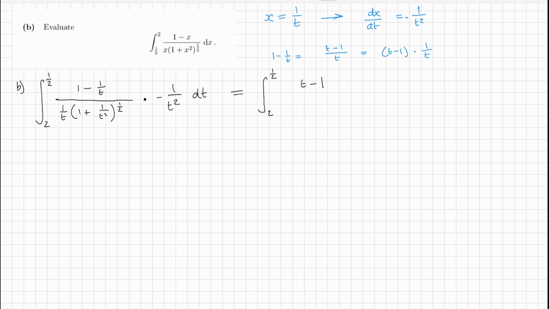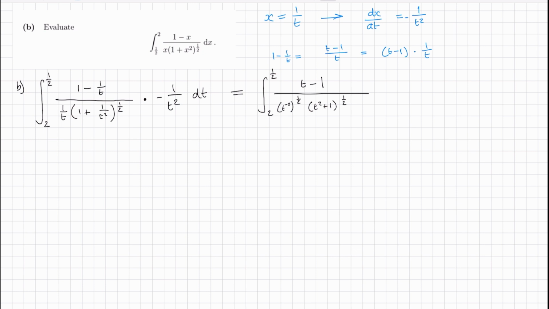And using the same logic as we've been using all the way through, we have a t squared plus 1 to the power of a half. But we had a t squared on the denominator. I'll actually write that explicitly.